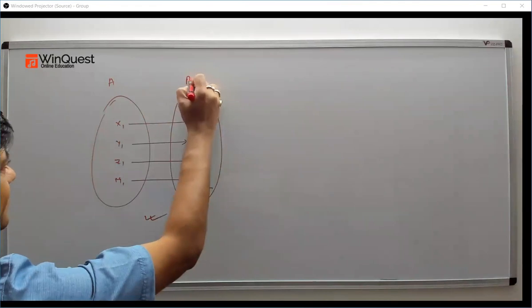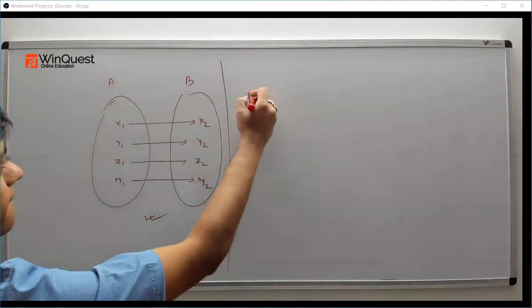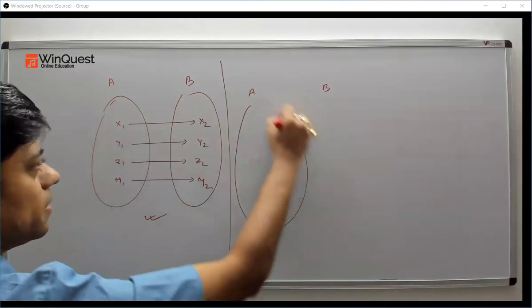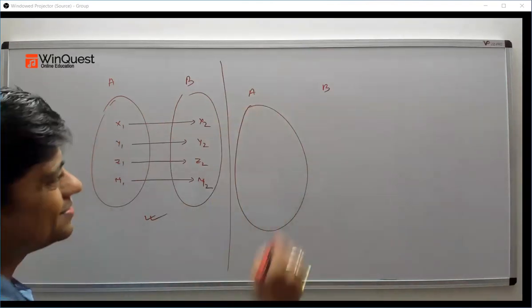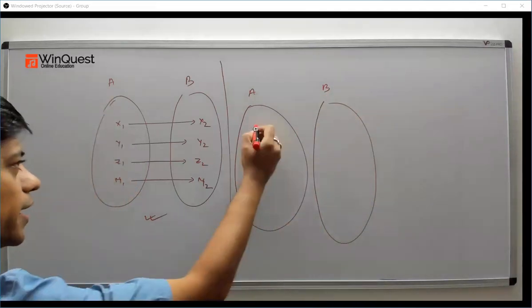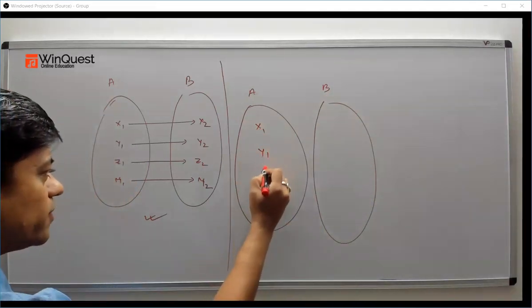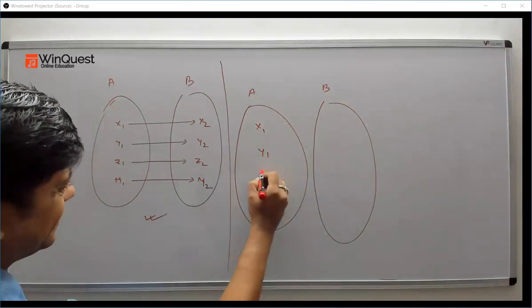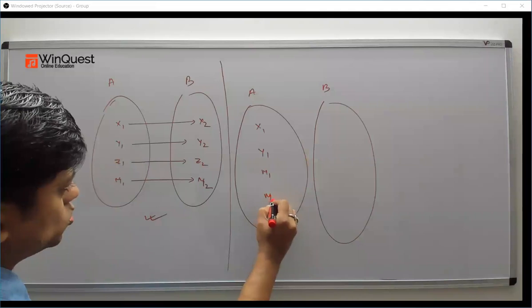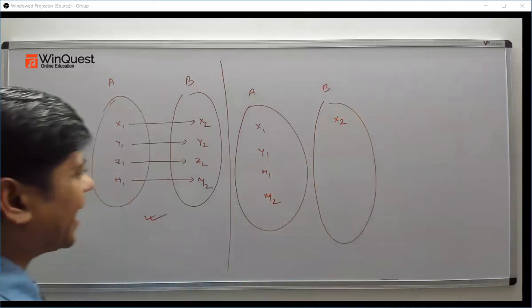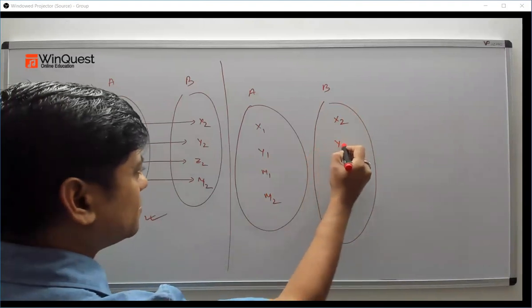Second, A, B. Somebody is not on mute. Okay, this one: X1, Y1, M1, M2. Okay, X2, and then Y2.